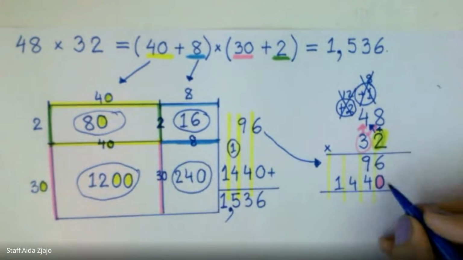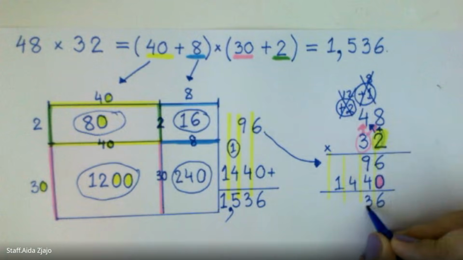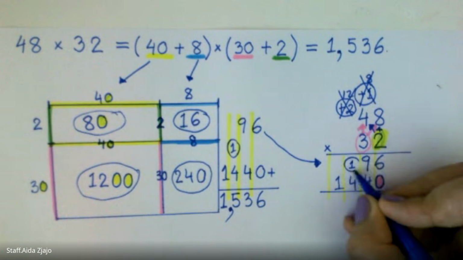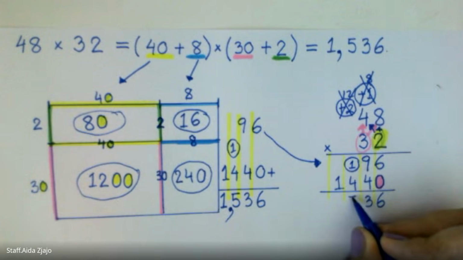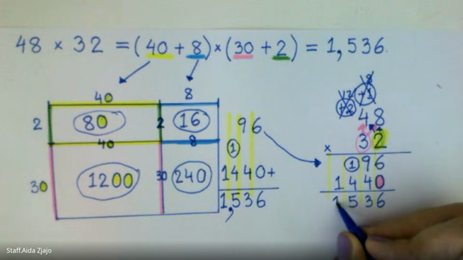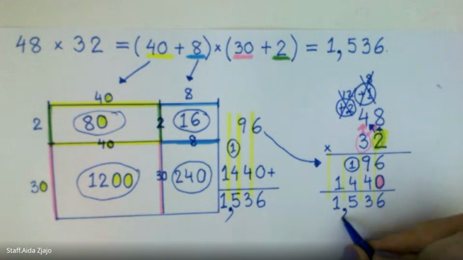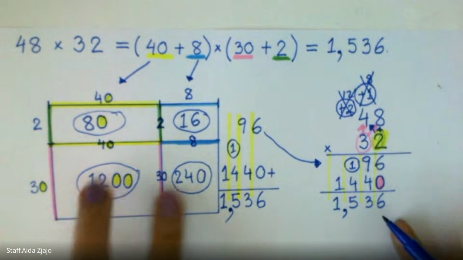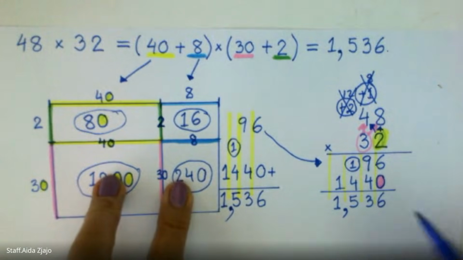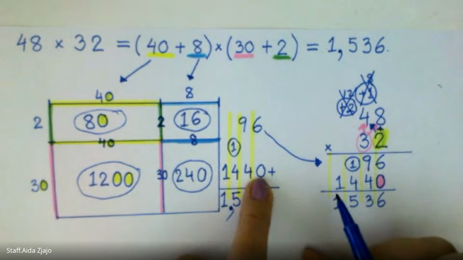6 plus 0 is 6. 9 plus 4 is 13. I made 100. 100 plus 400 makes 500. And that is 1. So the product are the same. And these two parts of the area are this.